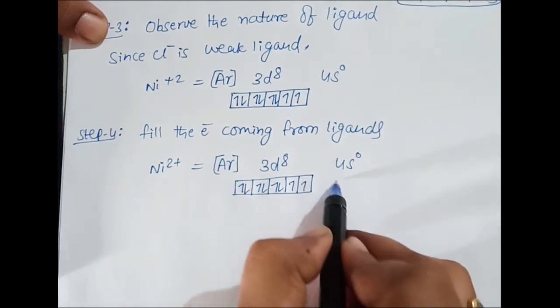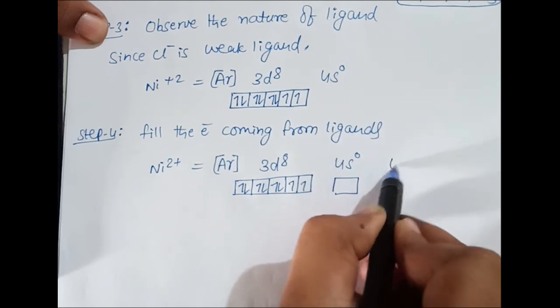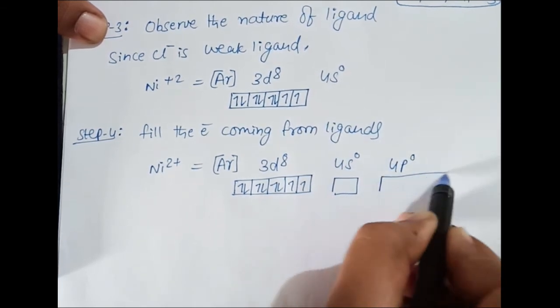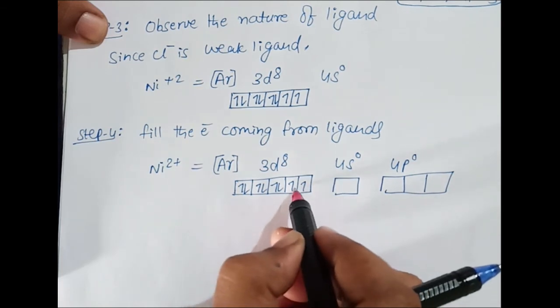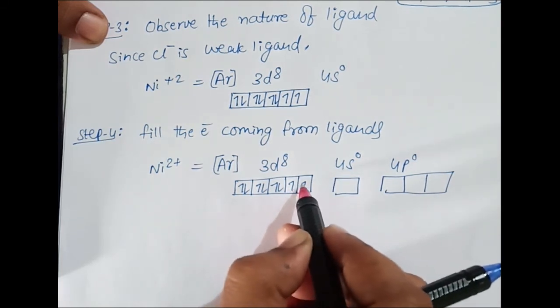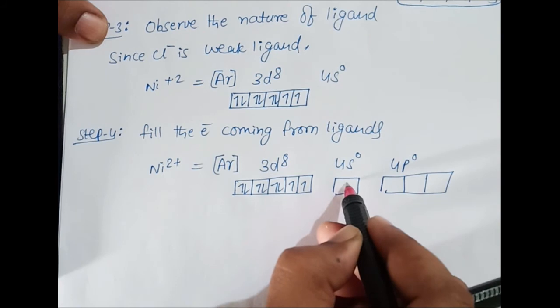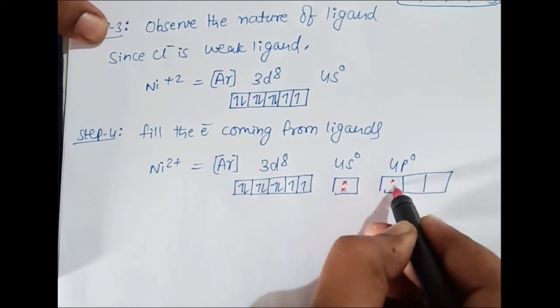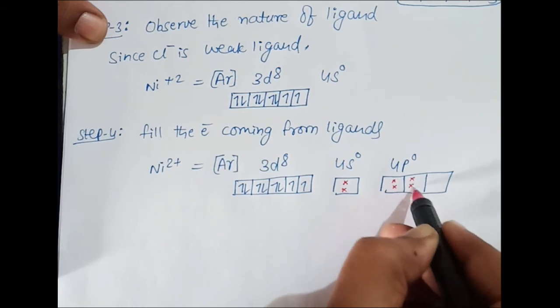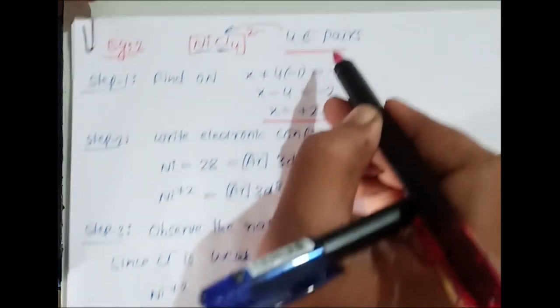Now the ligand electrons, they will come to 4s 4p. They will not come here. Here it is an empty space, but still it will not come because they are coming in a pair. So they will directly go to the empty boxes. First pair, second pair, third pair, and fourth pair, because only 4 electron pairs are coming, so they will come to this one.